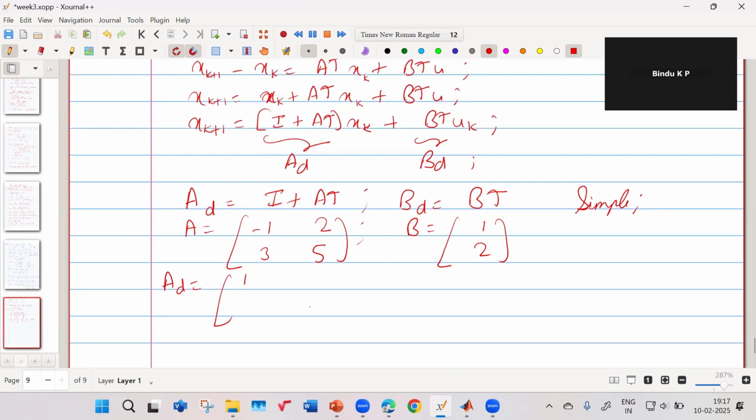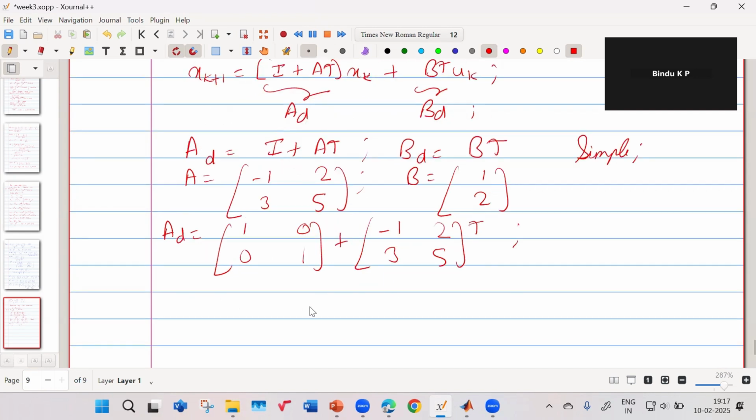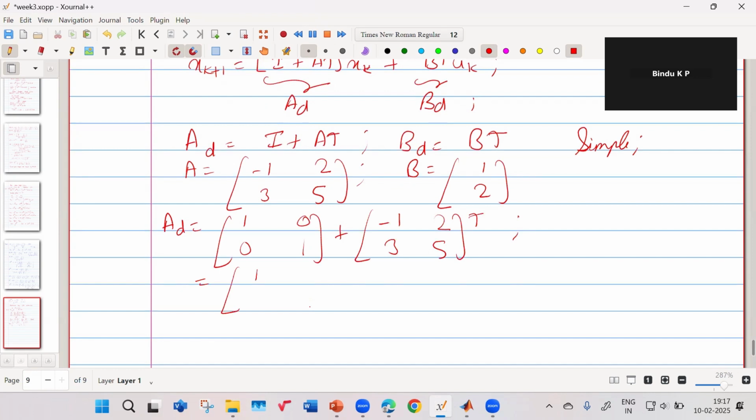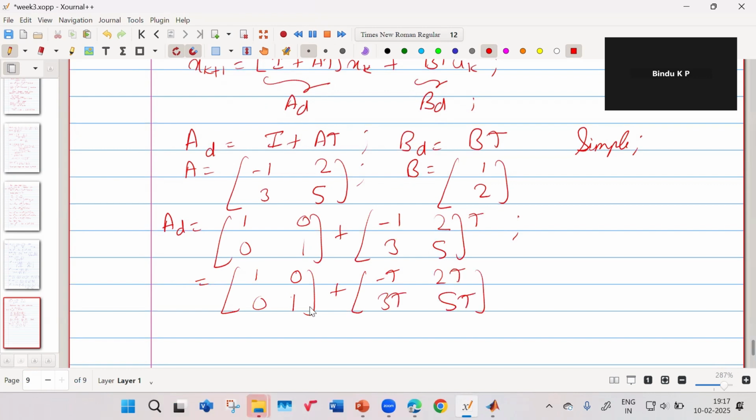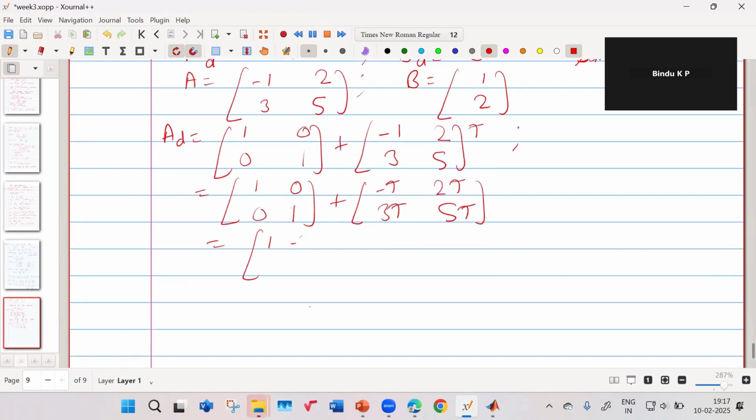I, that is [1, 0; 0, 1], plus A into T, that is [minus 1, 3; 2, 5] into T, right? So that is [1, 0; 0, 1] plus [minus T, 3T; 2T, 5T]. Okay, so that is [1 minus T, 3T; 2T, 1 plus 5T]. So these are A_D.